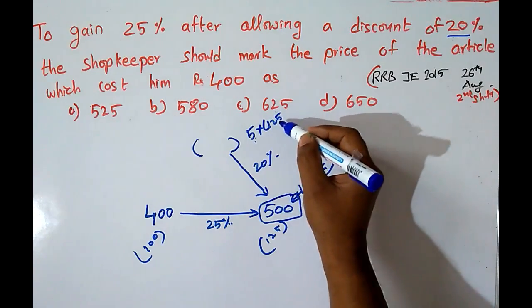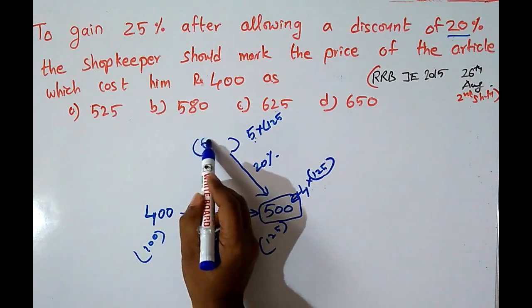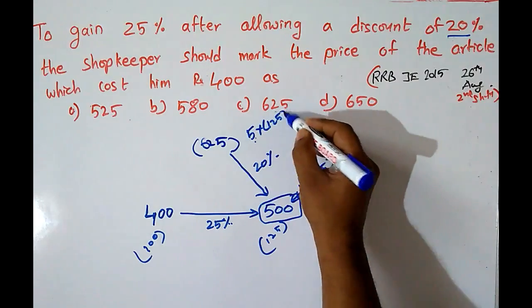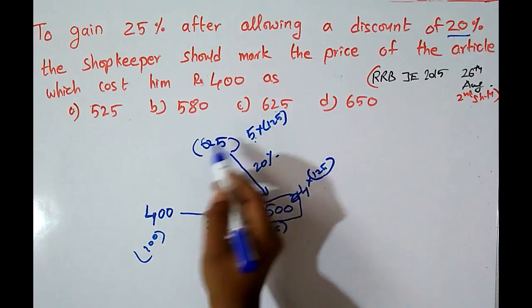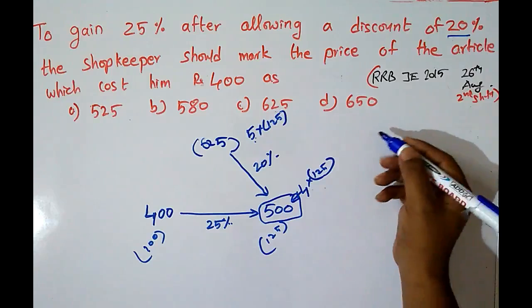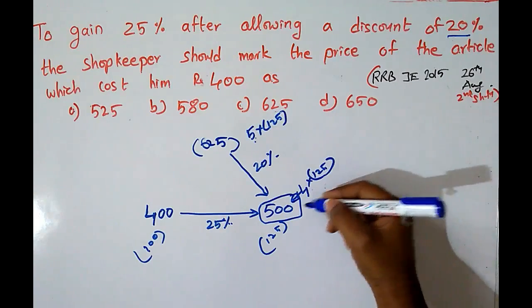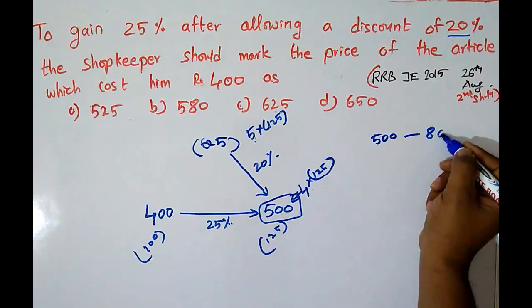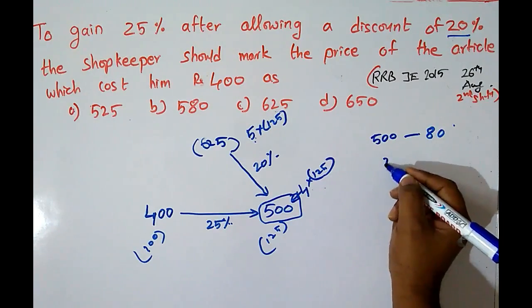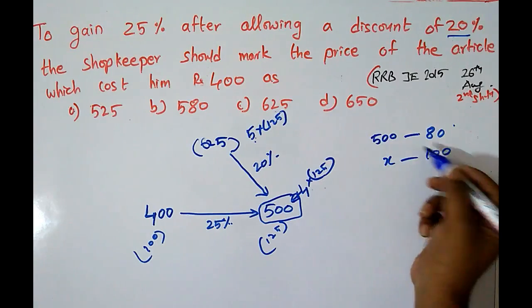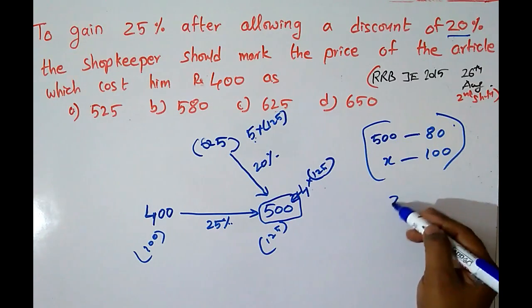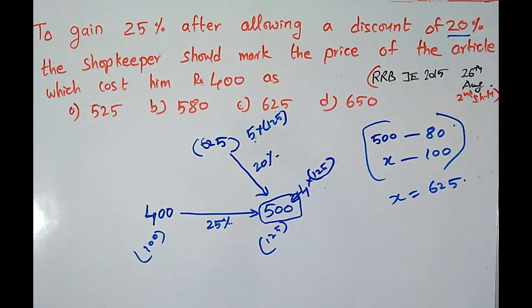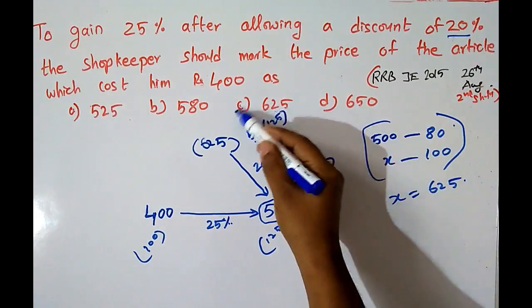It will become 5 into 125, it is 625. See friends, I am doing this method because it is very easy for me to do this way. Otherwise you have to take 500 corresponds to 80, then what corresponds to 100, that you have to find. You will get x equals 625. Okay friends, the answer is 625.